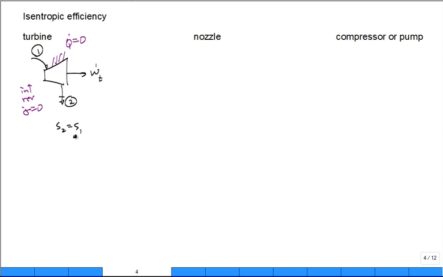One inlet, one outlet operating at steady state. Typically, we are given temperature and pressure on the inlet, hence we look up s1. And maybe we're given pressure on the exit. So these two properties allow us to look up the exit enthalpy, have the enthalpy on the inlet, and we can calculate the work per unit mass out of that turbine as h1 minus h2.